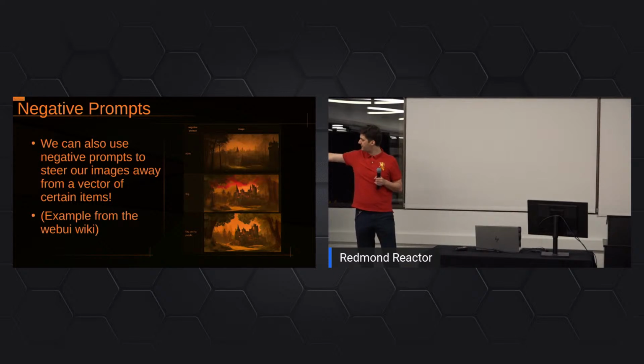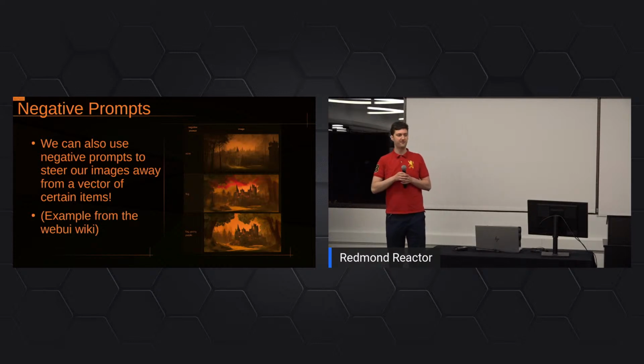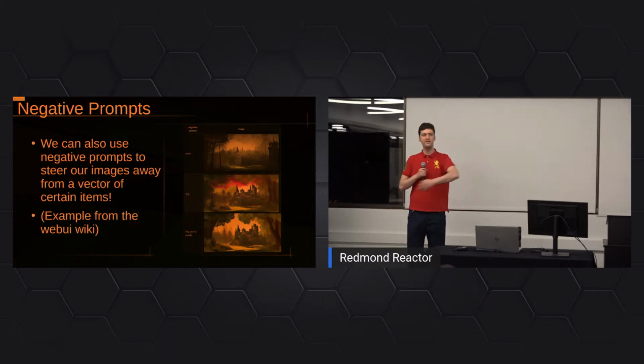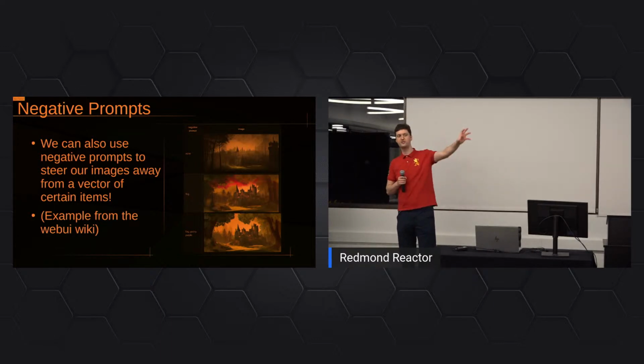I'm not certain exactly what the prompt was that produced it, but this is it with no negative prompts. Then with the negative prompt of fog, you can see the fogginess of the original image clears away. And with fog, grainy, and purple, it completely removes the purple from the previous image. So negative prompts are also a really powerful way to steer yourself away from certain things or towards certain things if you know exactly how you want to push it.